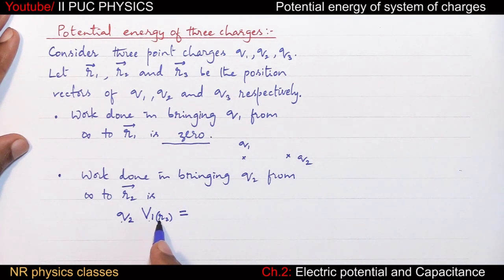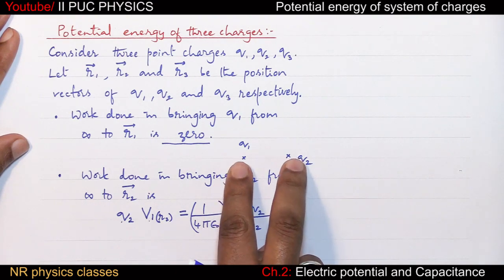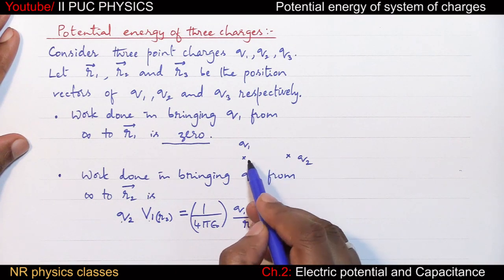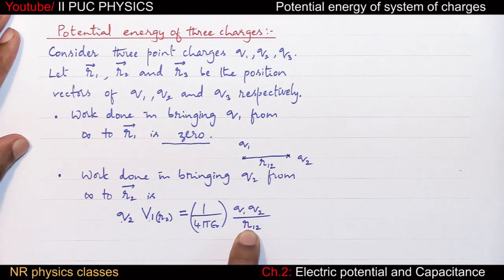Therefore, V1 of R2 equals Q1 Q2 by R12. Distance between these two is R12. Product of the charges by distance between the charges.